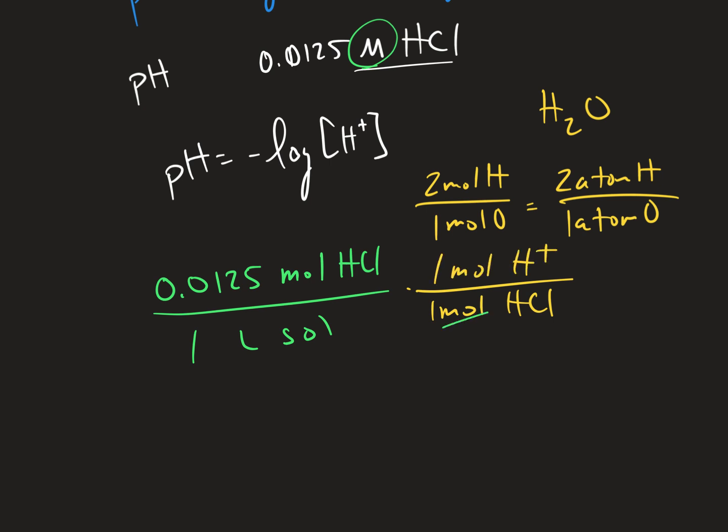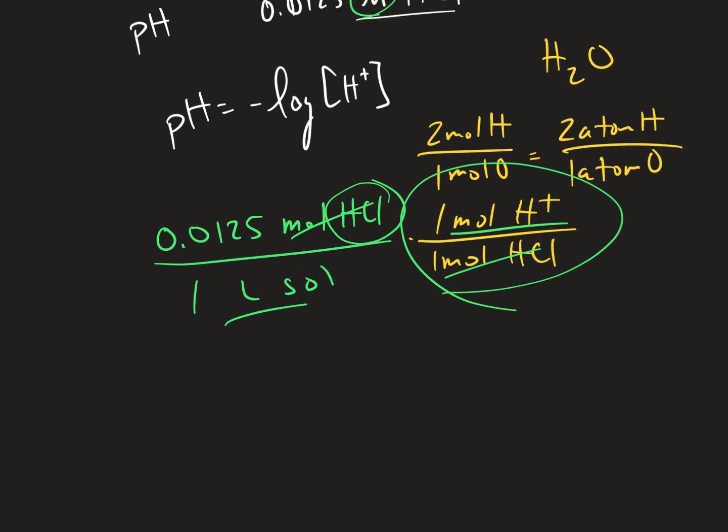So that goes away. Now we have moles of H plus per liter of solution, which is the same thing, right? So if we can see that this is a 1-to-1 ratio, do we have to worry about doing this? No, we don't, right? But if it makes us feel better, then do it, okay?